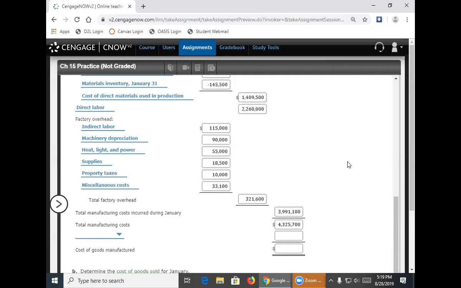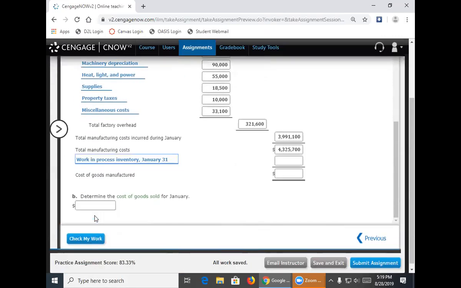So to calculate our cost of goods manufactured, we'll take the total manufacturing costs minus ending inventory. So I'm going to subtract out work in process at the end, so minus 290,700.